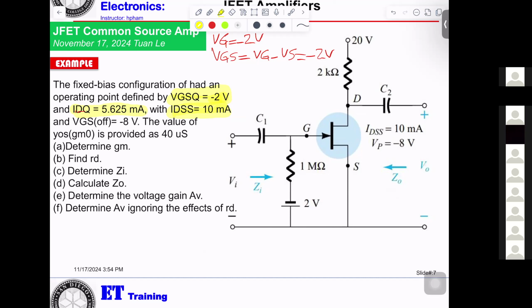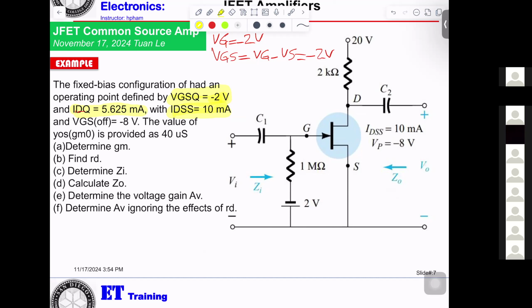That's close, but not quite. Basically, if you're looking back at DC bias, IDSS means the maximum current with VGS equal to 0. And IDSS is the current given by the manufacturer. They make the JFET, they give you IDSS.